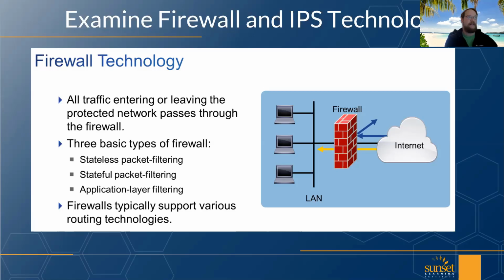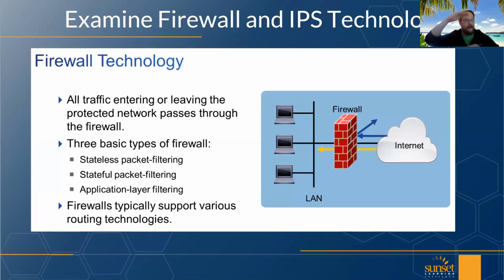Those match set statements can be layer 3, layer 4 information, like IP address information or TCP/UDP information, but it can also go all the way up to the application layer. If you're not familiar with the Open Systems Interconnection Model, the 7 layers of the OSI, go ahead and Google that up.